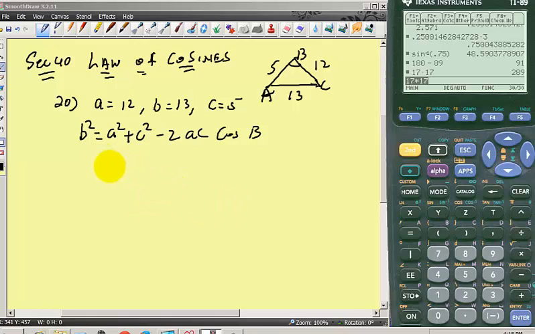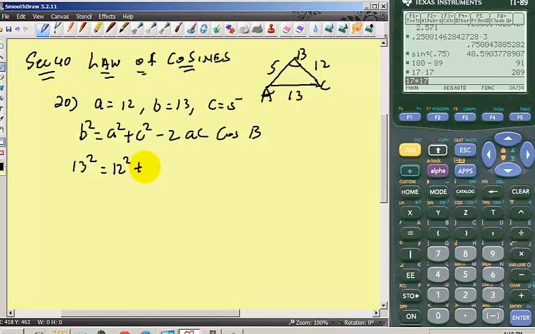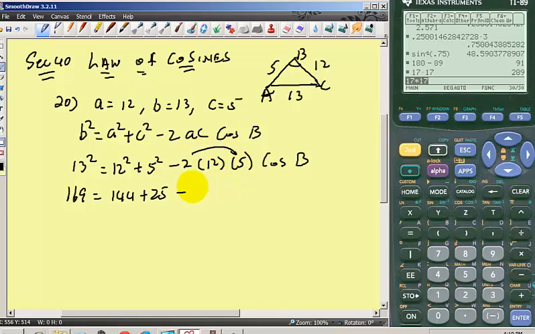So b squared, which is 13 squared, is equal to a squared, which is 12 squared, plus c squared, which is 5 squared, minus 2 times a, which is 12, times c, which is 5, times cosine of angle b. 13 squared is 169, equal to 12 squared, which is 144, plus 5 squared, which is 25, minus 2 times 5 is 10, 10 times 12 is 120, cosine of b.